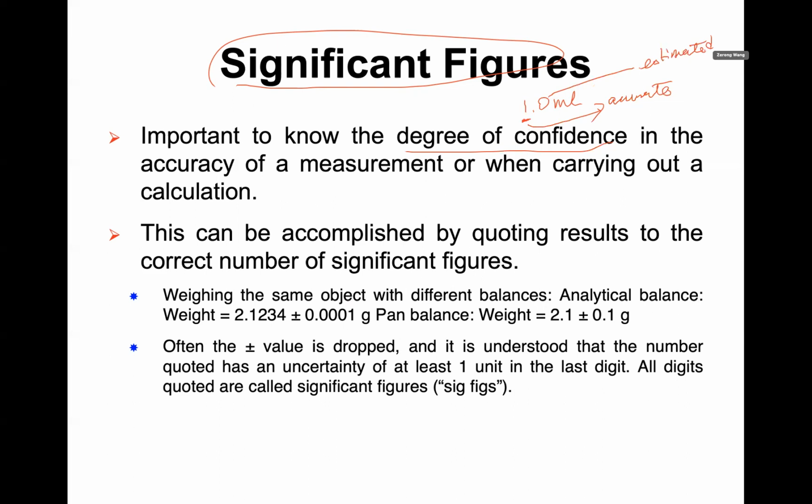Normally you have some plus or minus there. But if you have another measurement with one more decimal, then both are accurate, and only the last one is the estimate.